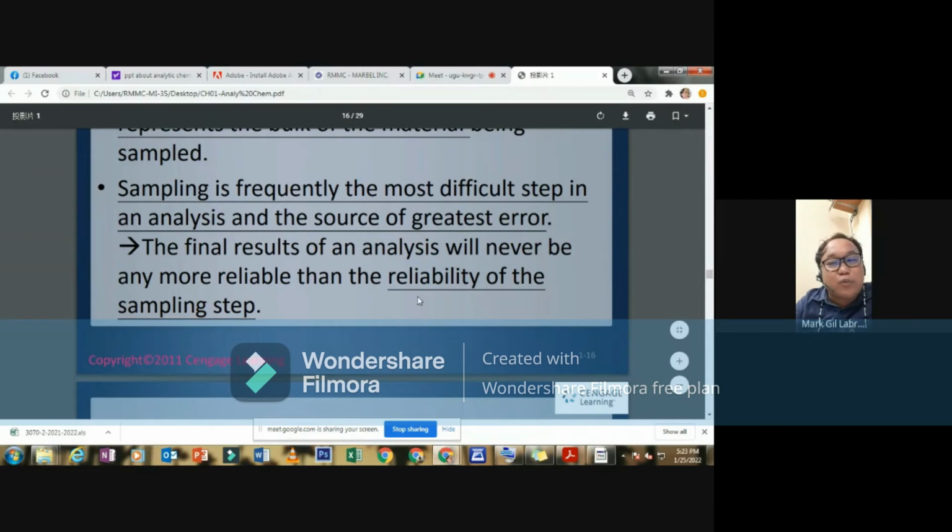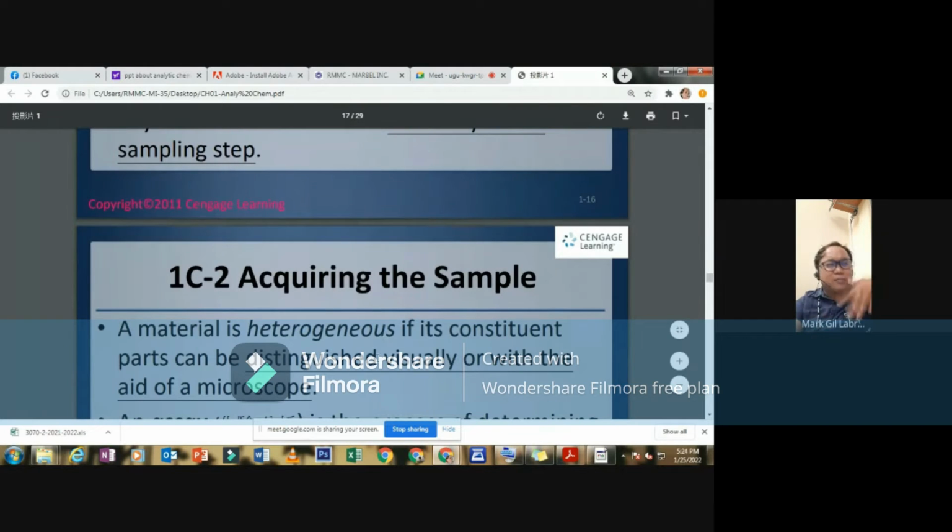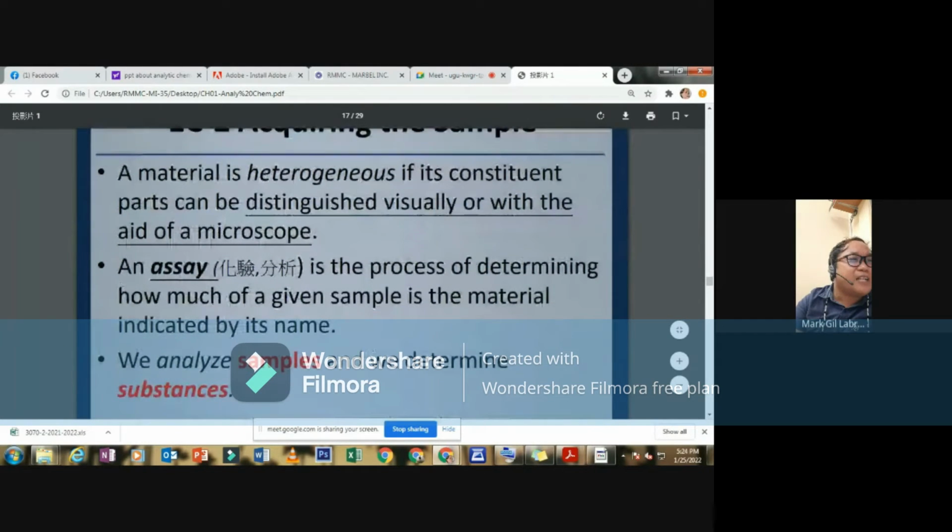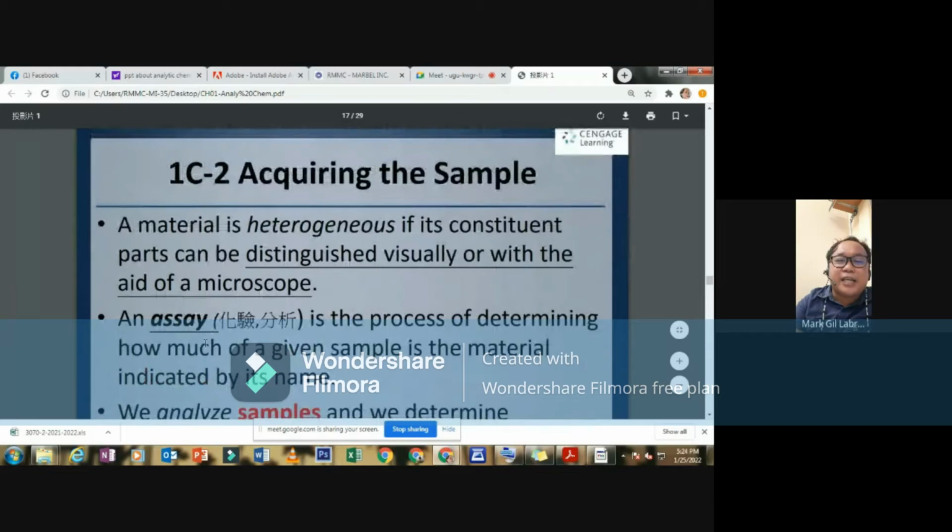So actually we have different types of sampling method, maraming klase. Pero later on, madi-discuss natin yan. Another thing is, a material is heterogeneous if its constituent parts can be distinguished visually or with the aid of a microscope.